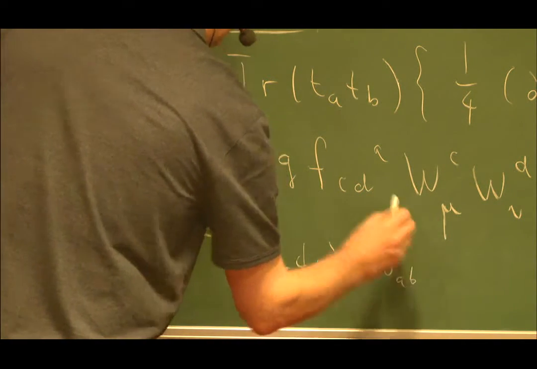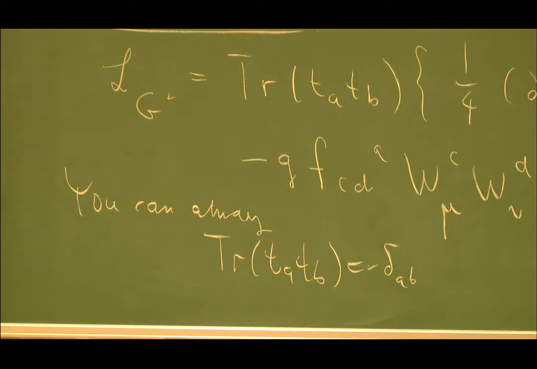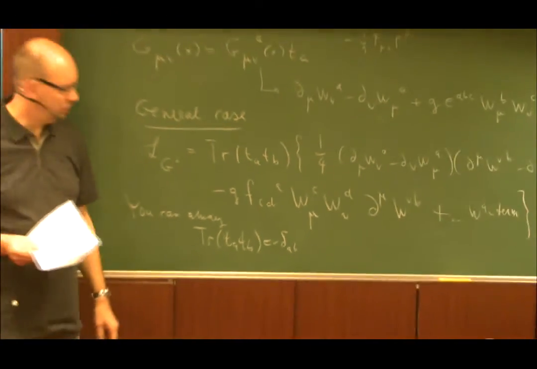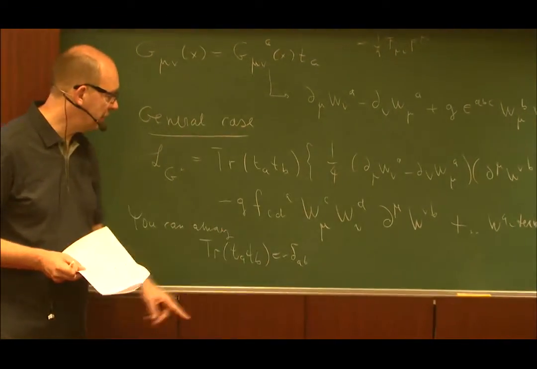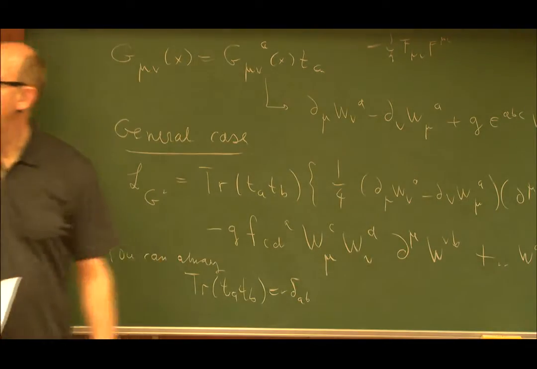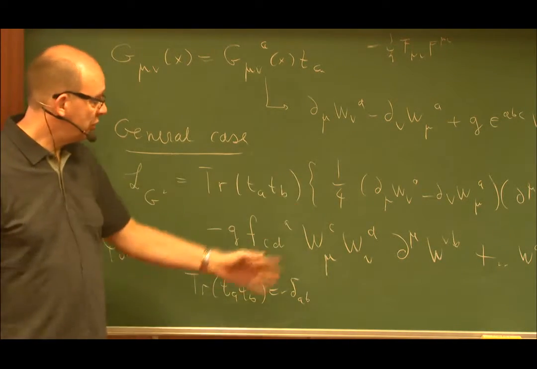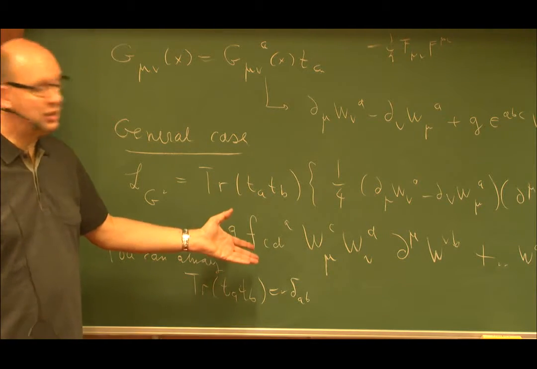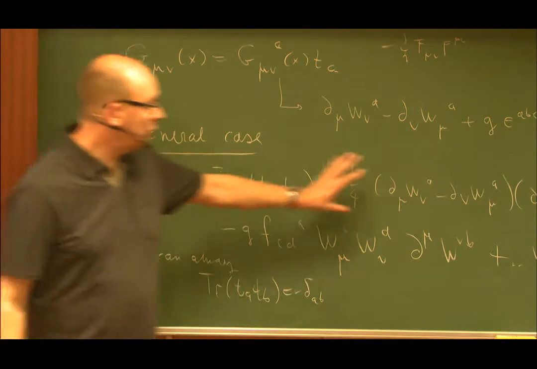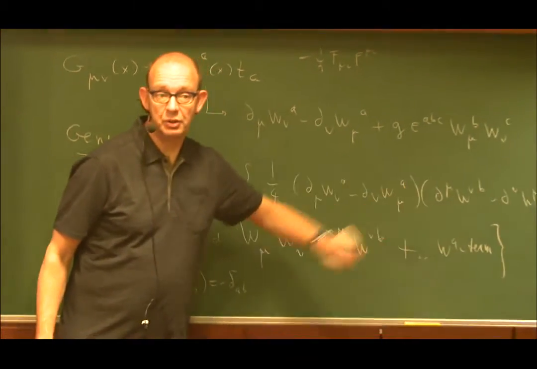So you just rescale the fields to get this result. More generally, this is called the Cartan-Killing metric, but then you can also rescale the fields to get minus delta^{AB}. And the minus is because we're dealing with anti-Hermitian matrices. So as far as the kinetic term is concerned, it's just n squared minus 1 copies of QED, if you only restrict yourself to the kinetic terms.